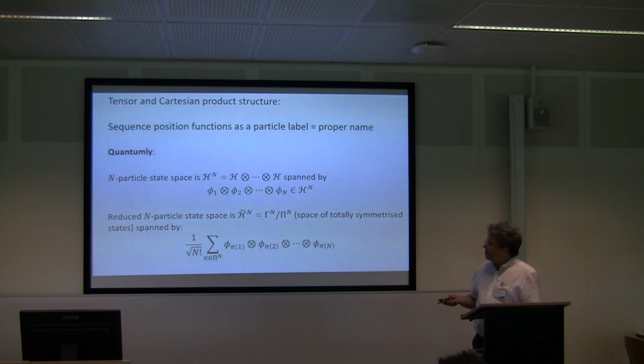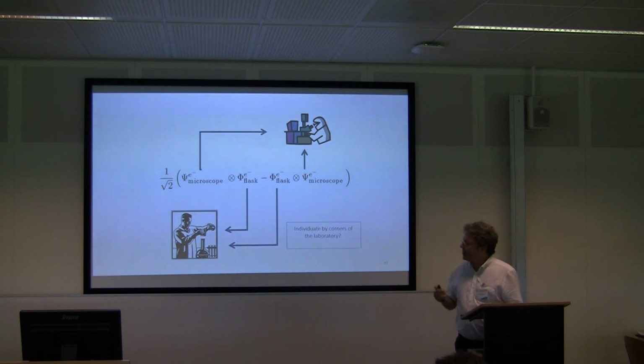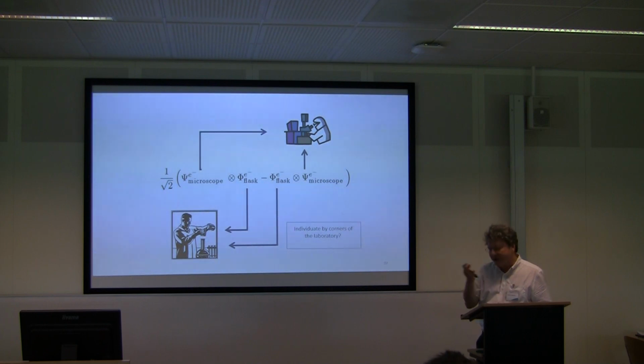Okay, so let me talk a little bit about what's going on, and again, I guess you've already said a lot of this. We individuate supposedly indistinguishable particles by things like their location. You know, it's the electron in the microscope, not the electron in the flask.